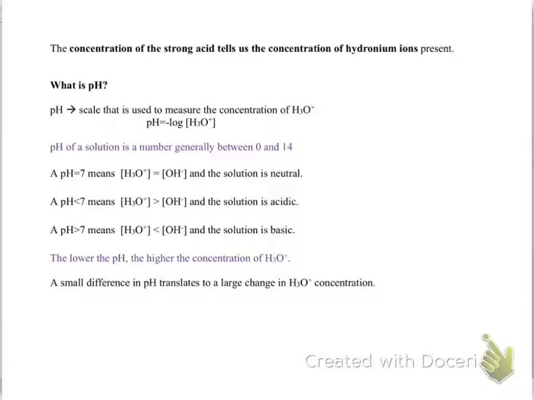Knowing the hydronium ion concentration is necessary for so many reasons. For example, blood has a very narrow range of hydronium ion concentration, which is required for a person's good health.